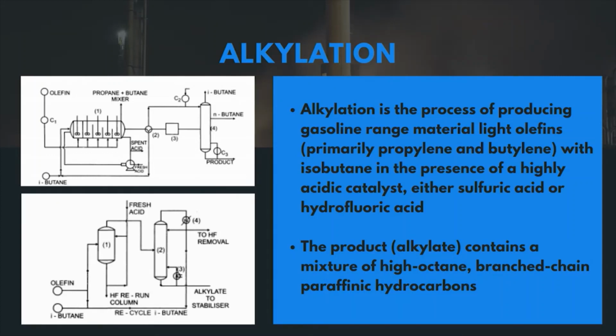Primarily, alkylation units are categorized into two categories, that is, either it can operate with the help of sulfuric acid or hydrofluoric acid. The product, which is known as alkylate, contains a mixture of high-octane branched-chain paraffinic hydrocarbons which can be blended in the gasoline pool.